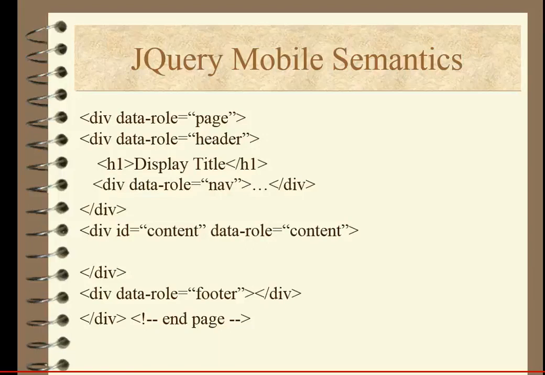And then within that, I have 3 divs. One has a data-role of header. Another has a data-role of, this is actually changed now, it's actually main. I'm pretty sure it's, no, that's right, it is content, sorry. And then data-role of footer. So you can see that's kind of very similar to the section structure, right?